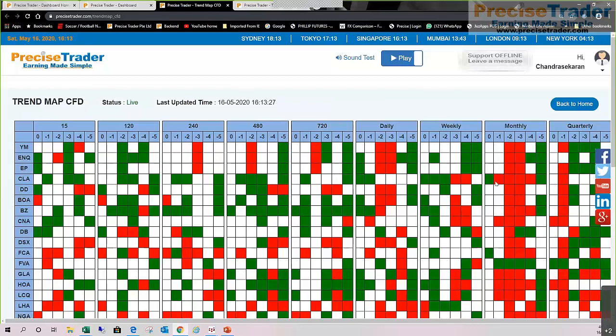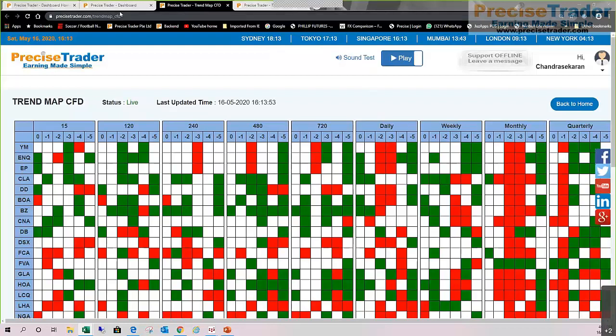So overall what we feel is this market is due for a pullback, and we are expecting a correction on this. This is also showing overbought.